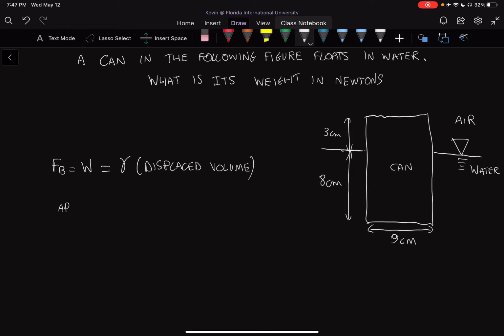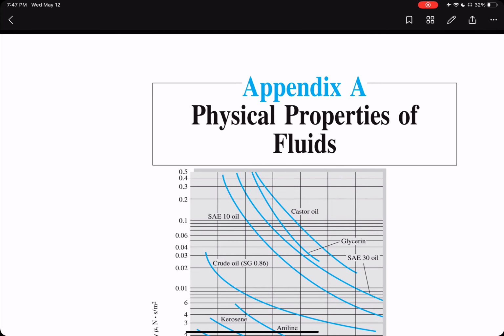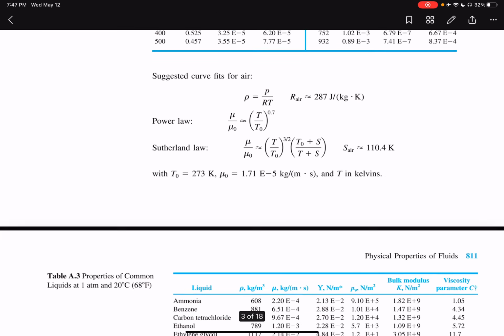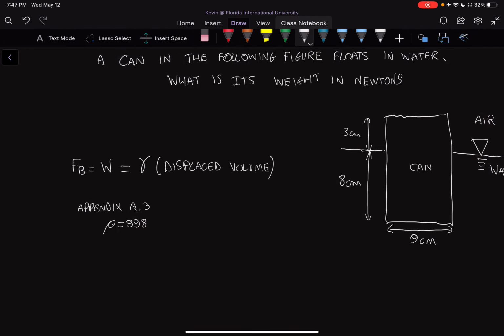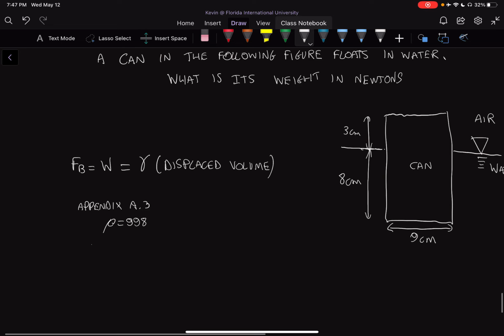So in appendix A3, we're given that rho is equal to 998. And I'll just go to the appendix really quick just to show you. So in table A3, we have for water 998 density. So the density is equal to 998. Then we can say that gamma is equal to rho g, and so we're going to substitute rho g in.